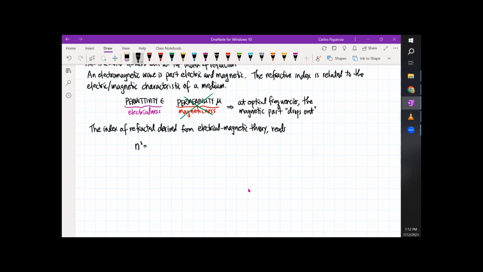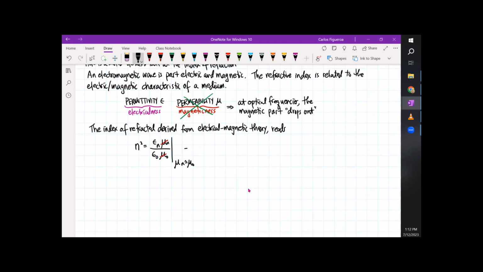So the index of refraction is equal to the electricalness and the magneticness of a material, and that's the ratio of the electricalness of the vacuum and the magneticness of the vacuum. But because these two guys are effectively the same, these guys drop out.